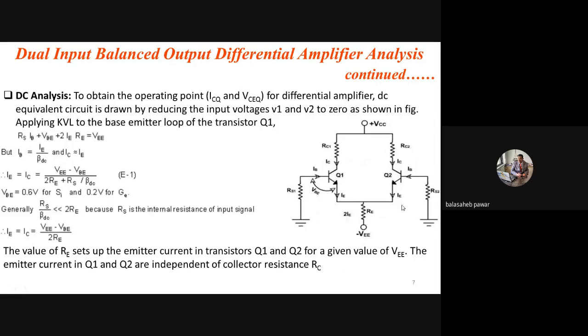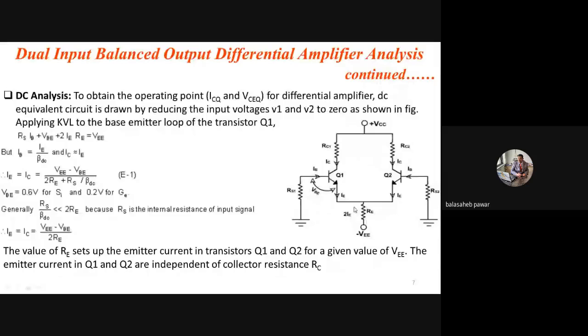So by applying KVL to the input loop, suppose for this first transistor, you will observe RS into IB. RS is nothing but RS1. The current flowing through it is the base current of that transistor. So RS into IB plus the voltage drop between base and emitter of that transistor, that is VBE, plus twice IE into RE, that is the drop across RE, equals minus VEE.